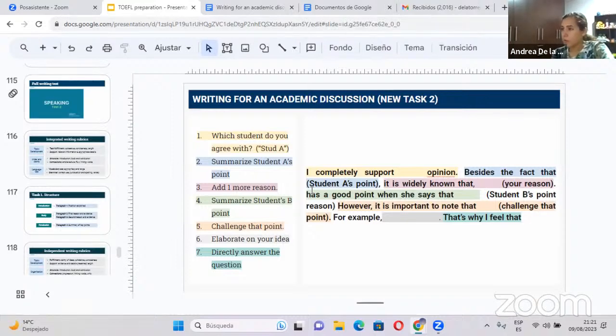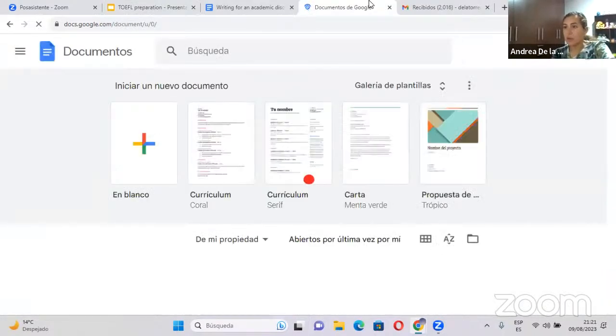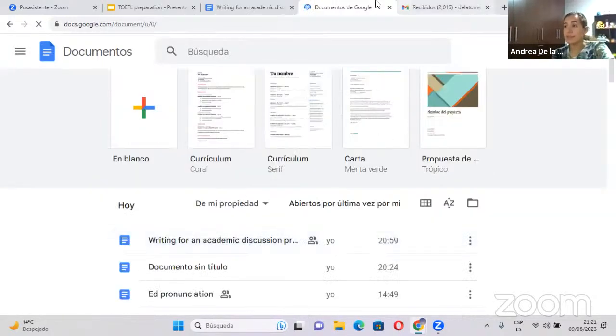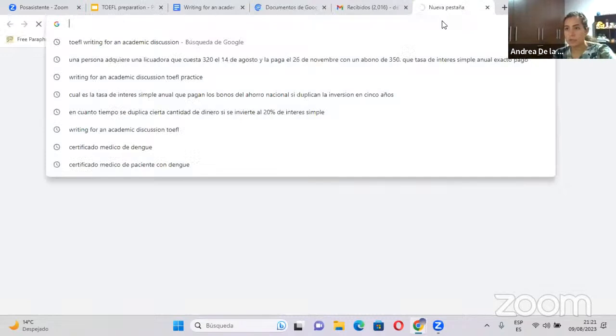So I don't know what else we could do. To be honest, we're finishing with this. So what we could do is probably continue checking sample responses. Let's see, there's this website.